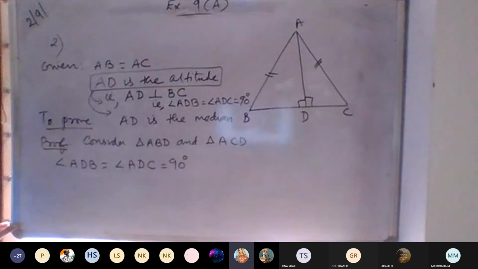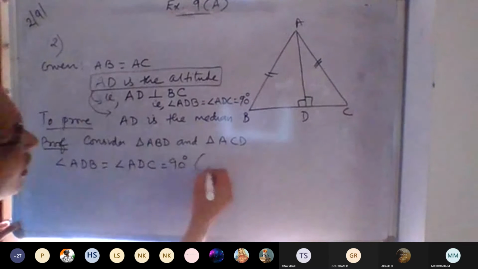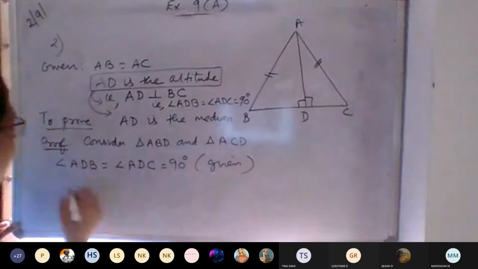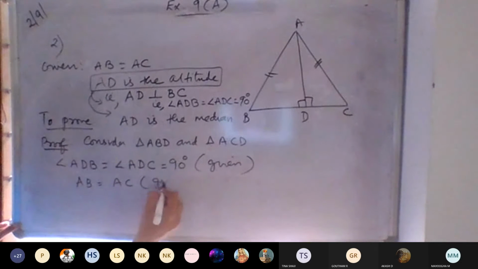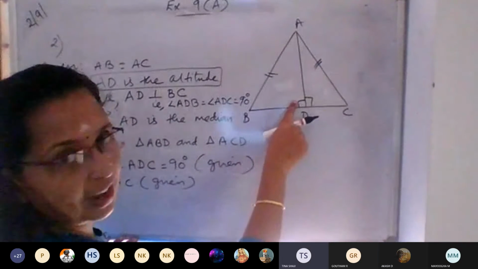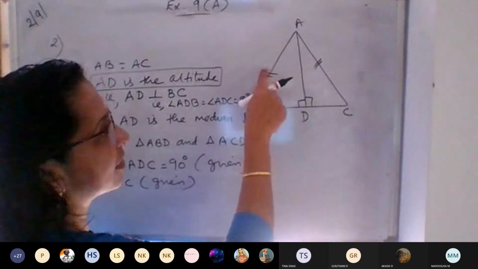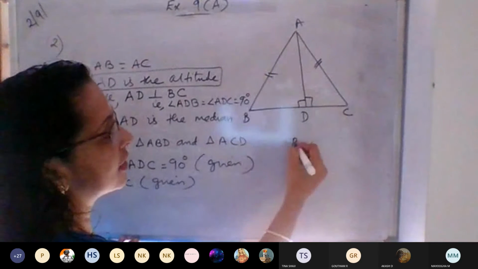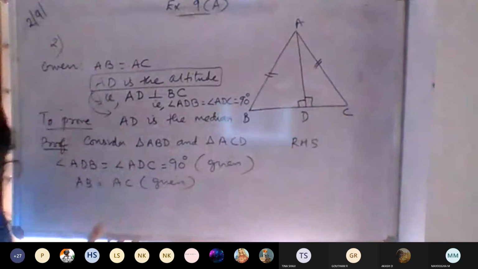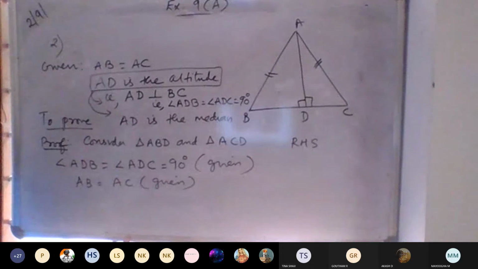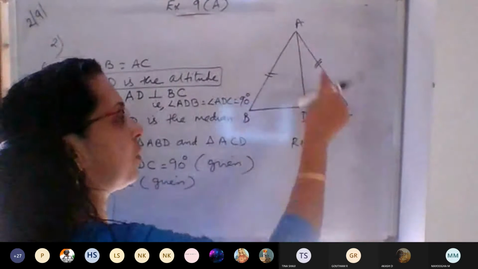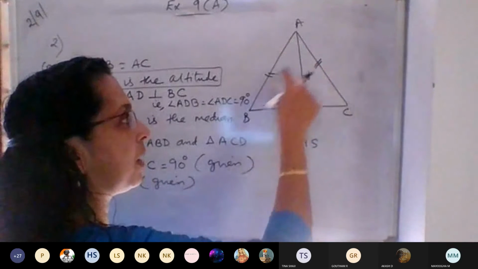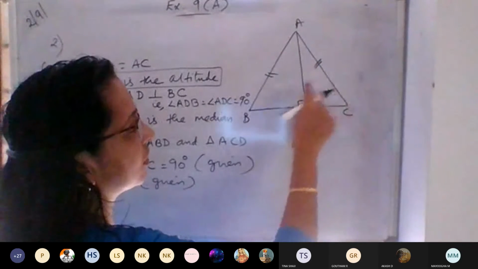That is given, no? AB is equal to AC, that is given. So this angle is 90 degrees, and opposite of that is the hypotenuse, RHS. Already given AB is equal to AC, and AB and AC are the hypotenuse.